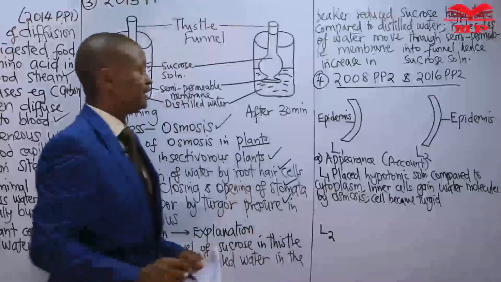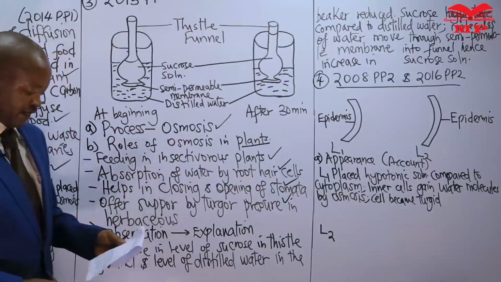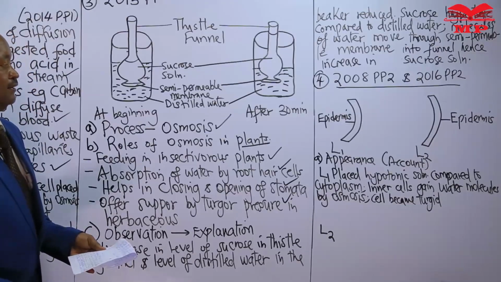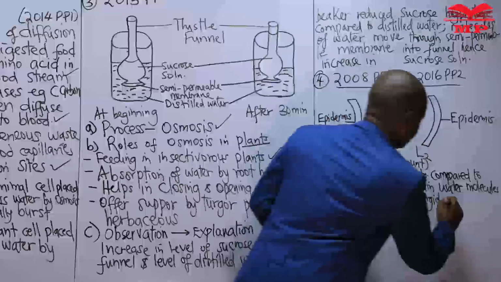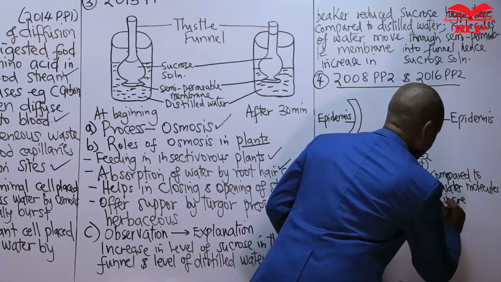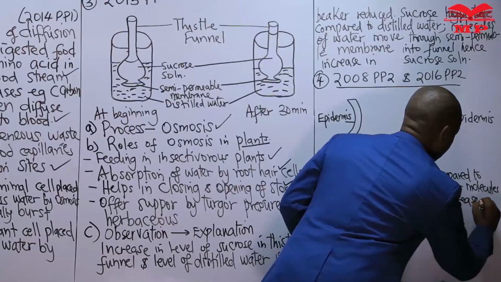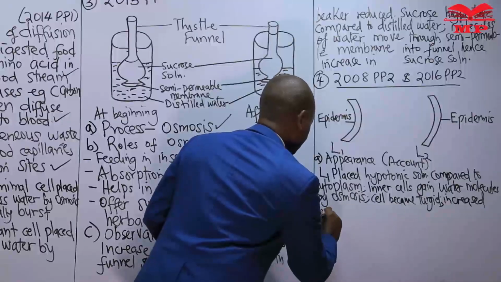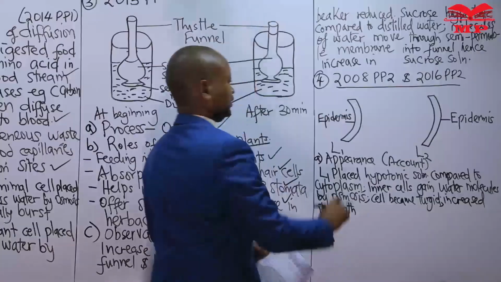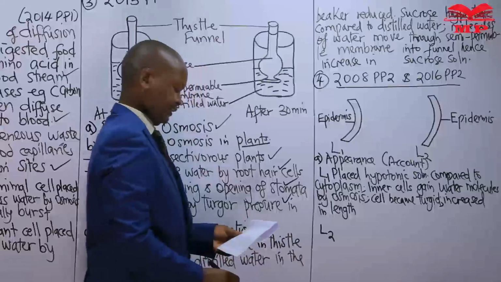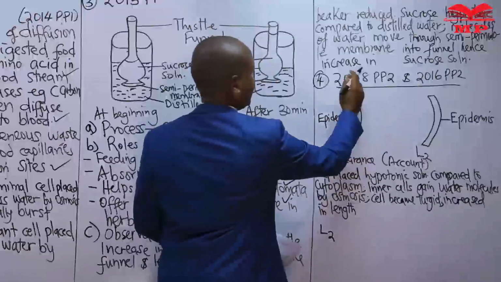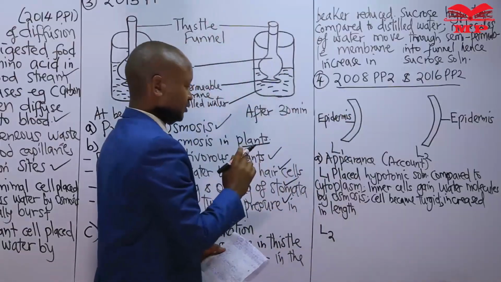So these cells became turgid, and when they became turgid, they increased in length. So these cells on this side increased in length. That's why this side is longer than this other side, because they were gaining water.